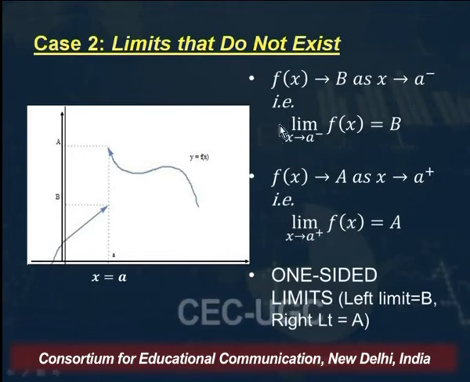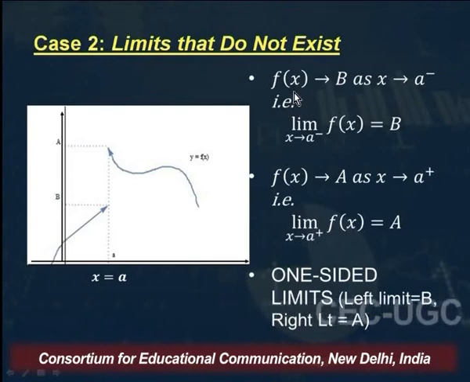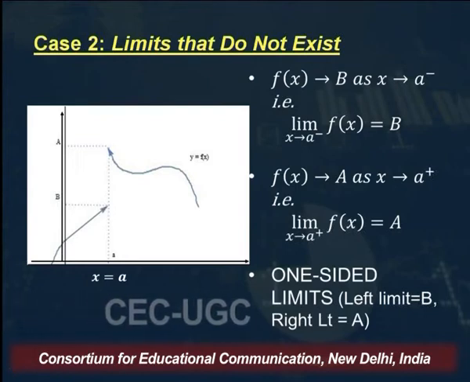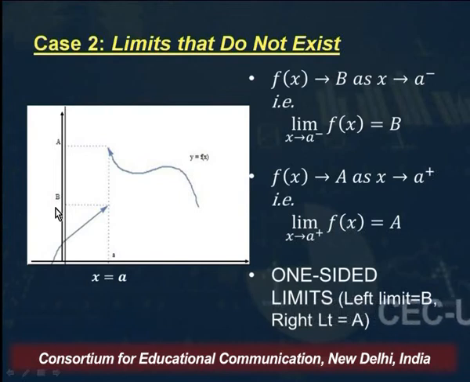As you can see in this picture, the function f of x approaches the number b as x approaches a from the left. This b is called the left limit, or the left side limit, or the left hand limit, depending on which book you are reading.